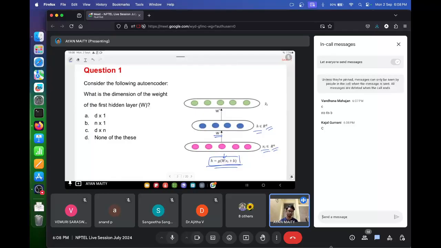Kajal Gurnani says option C. Anju Lakshmi says option C.